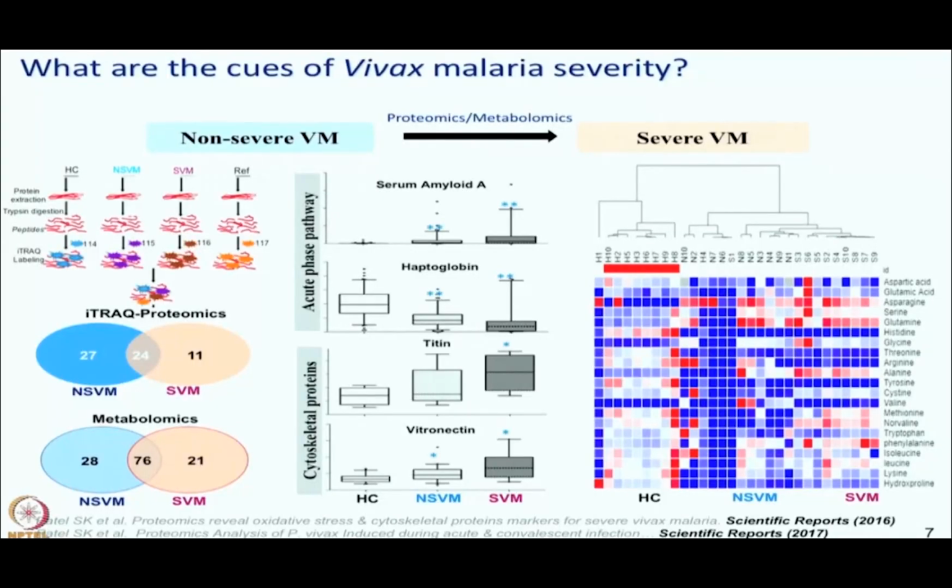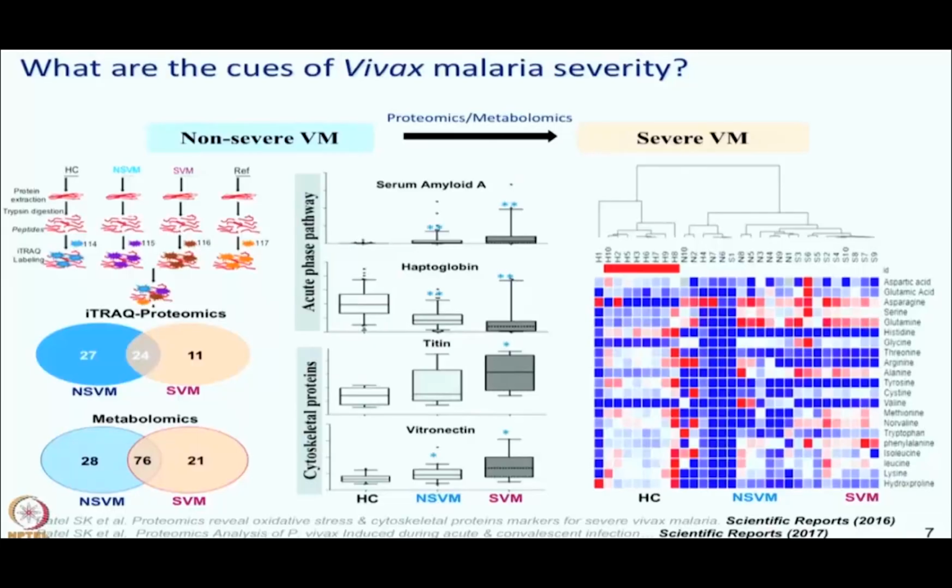Some of the cytoskeletal proteins like titin and vitronectin showed an increased response as the disease progresses from the non-severe to the severe type, which is indicative of some muscle and cytoskeletal proteins being secreted from the muscles into the bloodstream, and shows how patients could transition from the non-severe to the severe type. We also looked at various metabolites, shown on the right side.